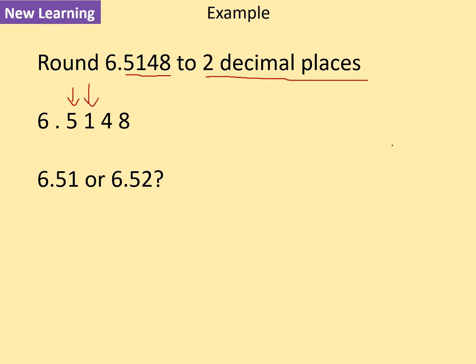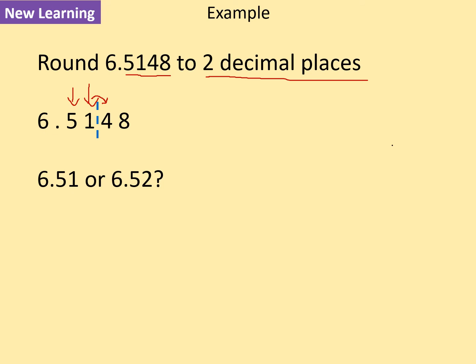Again, we look at the digit after the place value we're looking at. In this case, we're looking at the hundredths column, so we go to the next column here. Is that digit 5 or greater, or is it 4 or less?